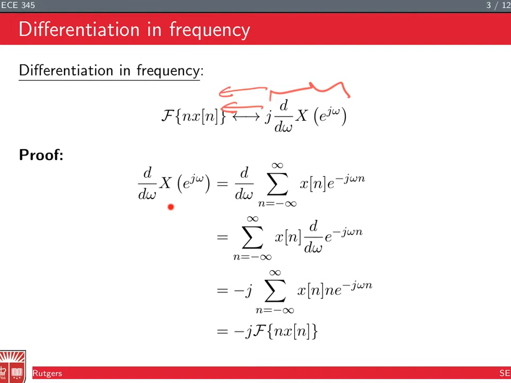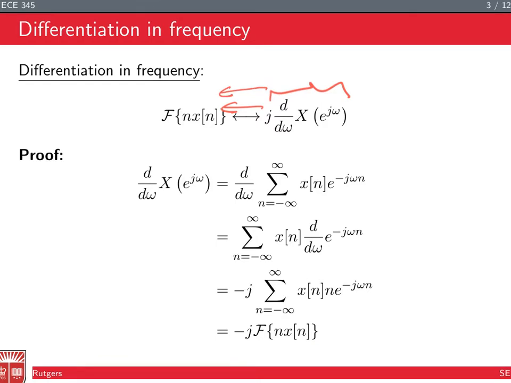If you take the derivative of X(e^{jω}) with respect to ω, you get the derivative of the sum, which is the sum of the derivatives, and the derivative of e^{-jωn} with respect to ω is -jn e^{-jωn}. So you have here -j and n e^{-jωn}, and this would be equal to -j times the DTFT of n x[n].